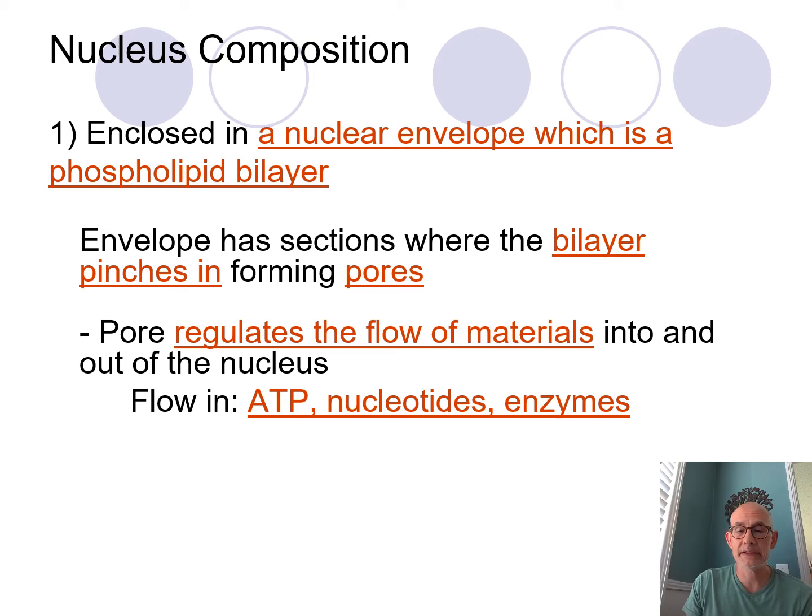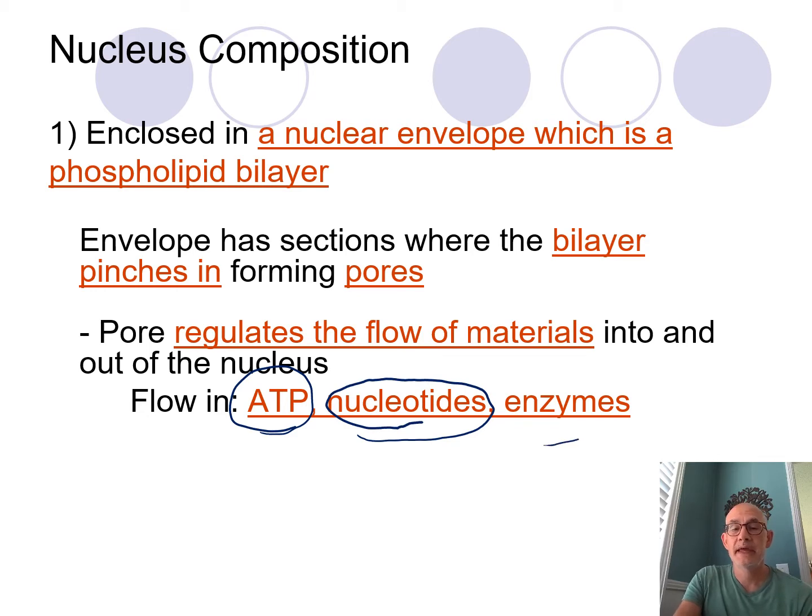Things that are flowing into the nucleus are going to be things like ATP. That's going to drive the cellular processes that are occurring in there that gives the energy. The nucleotides for building new DNA and new RNA, and then the enzymes that do all of that work.